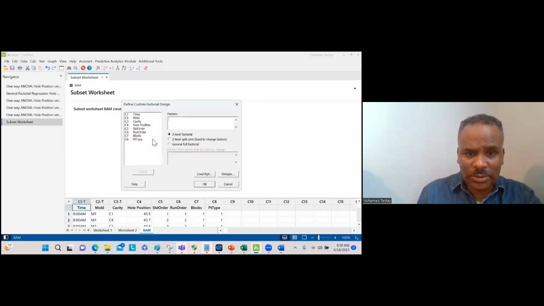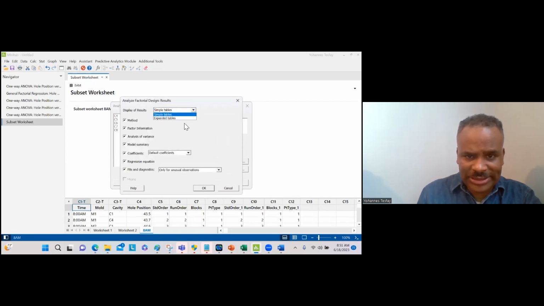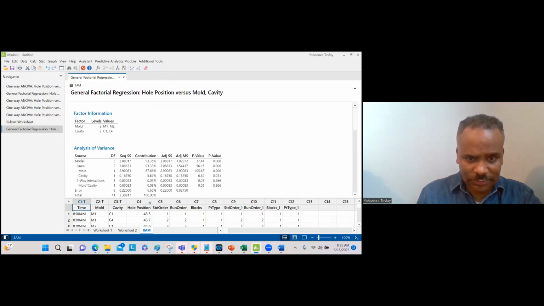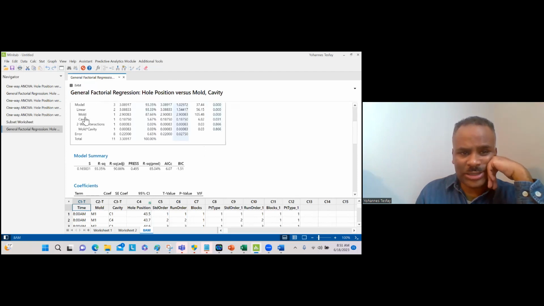Then I put in mold and cavity. Response is going to be whole position result. Then extended, okay, then I'm going to say okay, just like that.